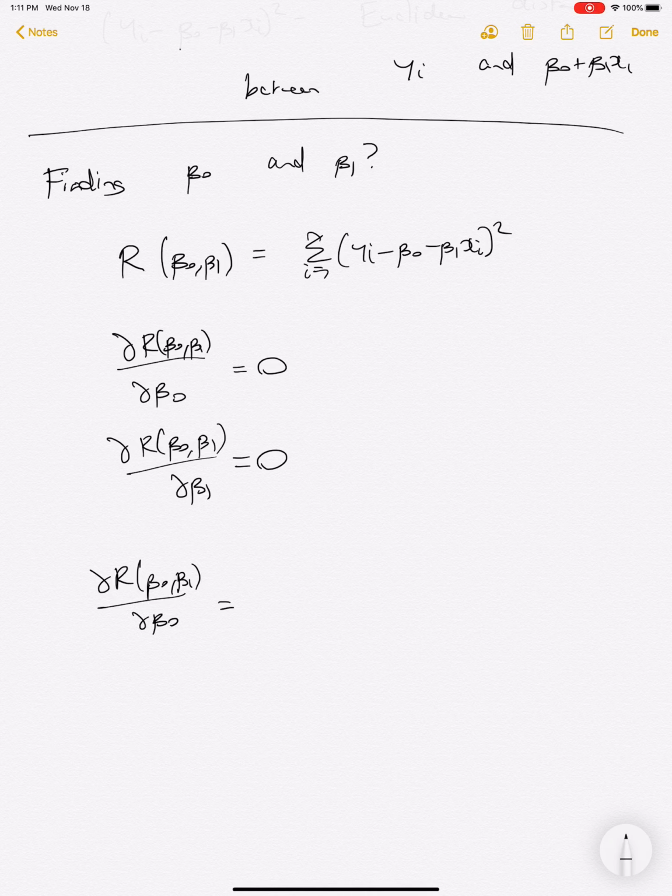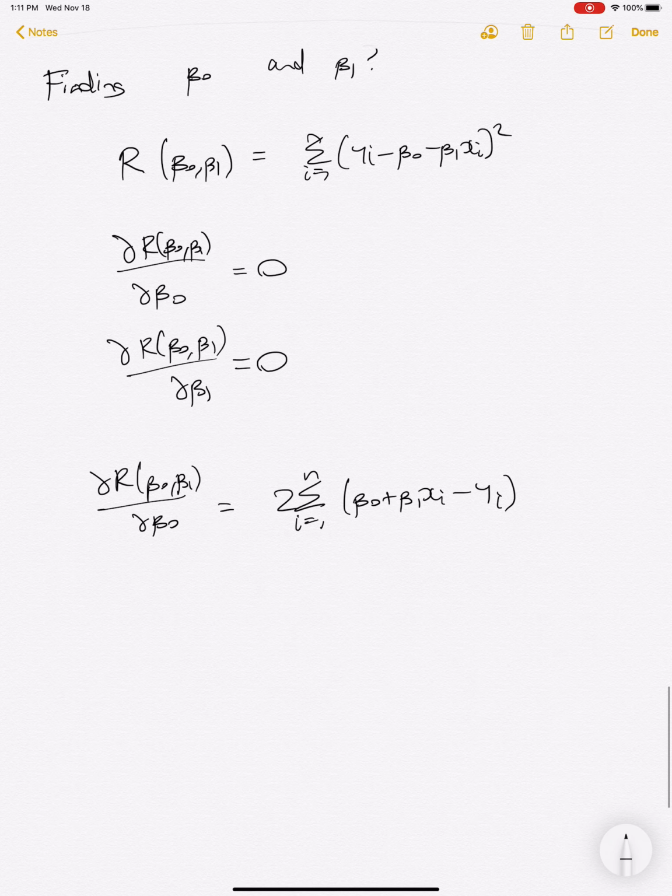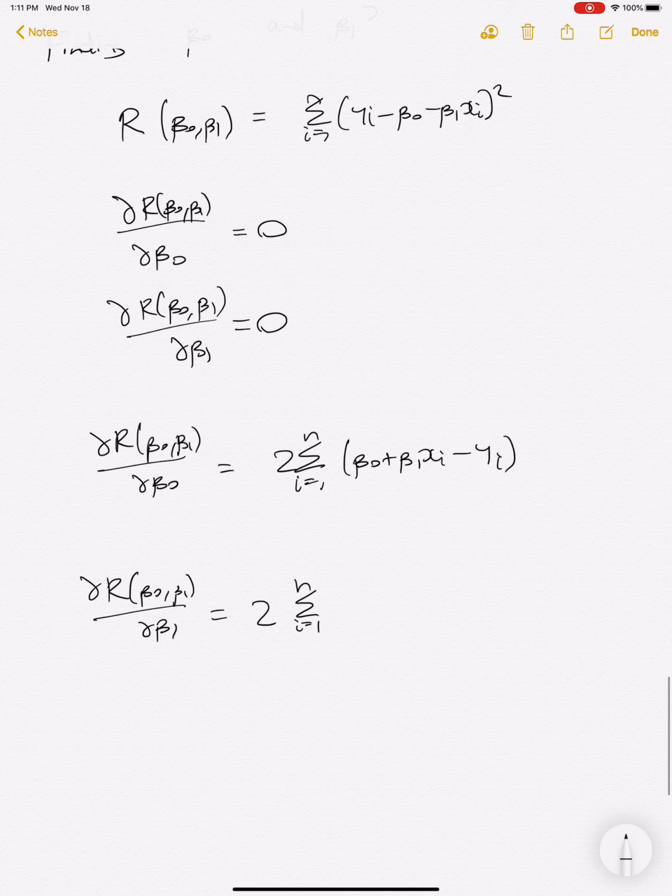So if we take the derivative with respect to beta 0, you're going to get 2 times the sum, because there's nothing in front of the beta 0. And then for beta 1, because there's an xi in front of the beta 1, you're going to get an xi here.